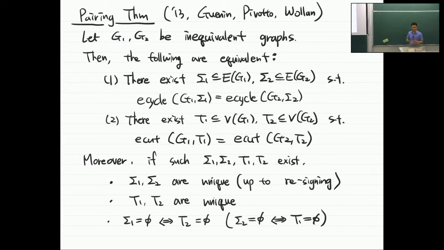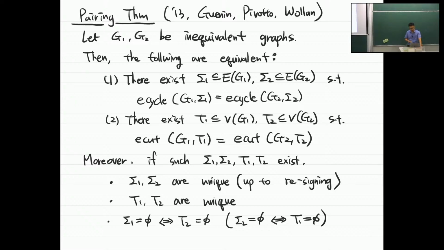the isomorphism problem for even cycle matroids and the isomorphism problem for even cut matroids are the same problem. Moreover, if 1 and 2 hold, then sigma 1 and sigma 2 are unique up to resigning, and the terminals are unique as well. And this theorem actually gave more information.